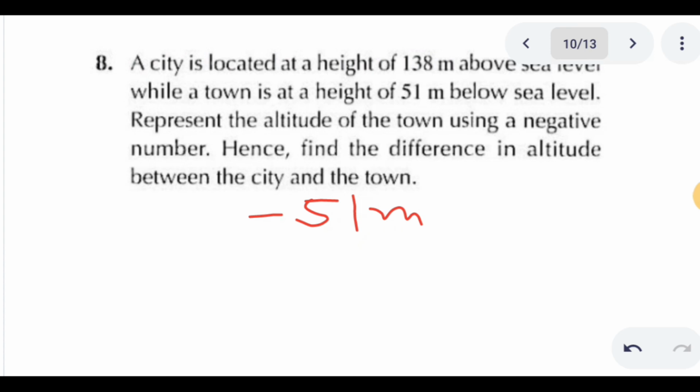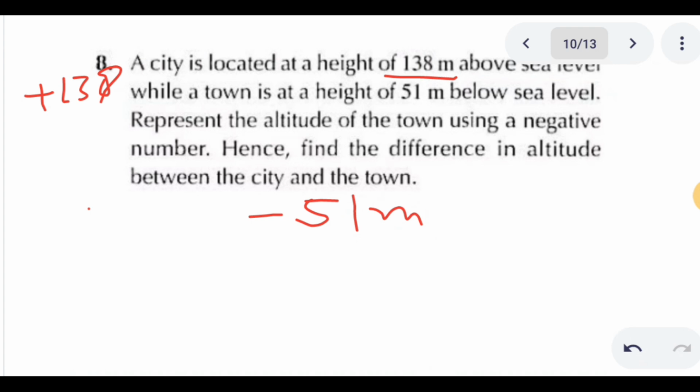Because it is below the sea level. And the city, because it is located 138 meters above the sea level, we will write it as plus 138. Representing the altitude using a negative number, we have already written.